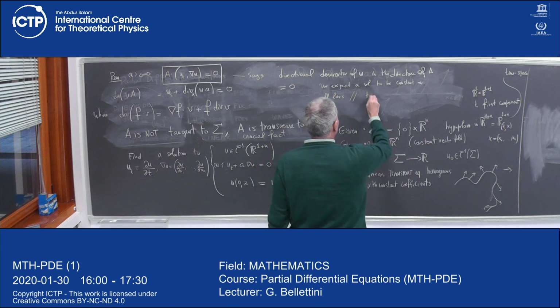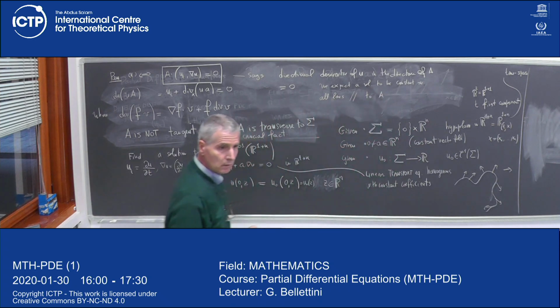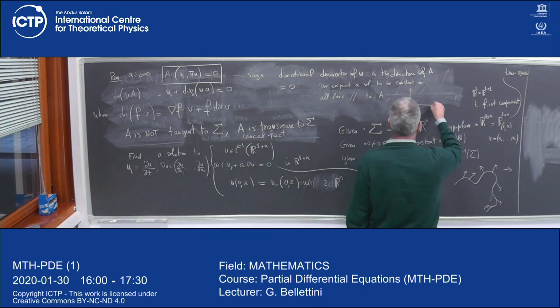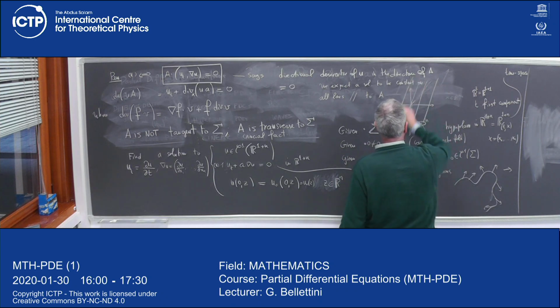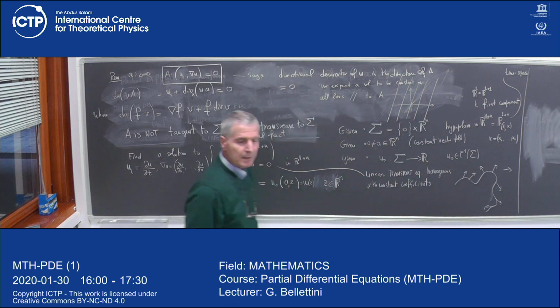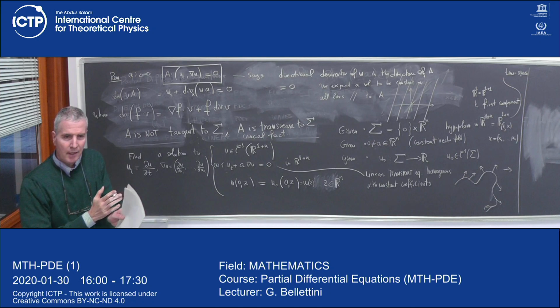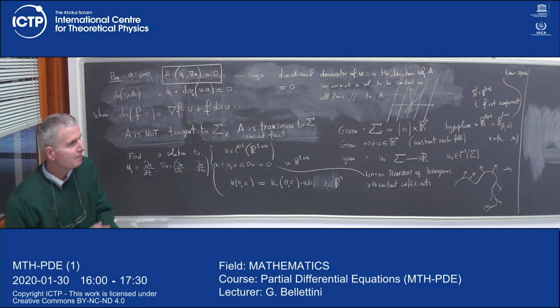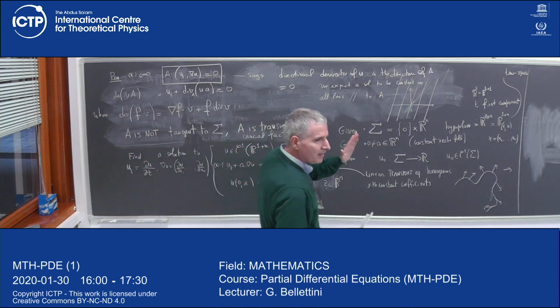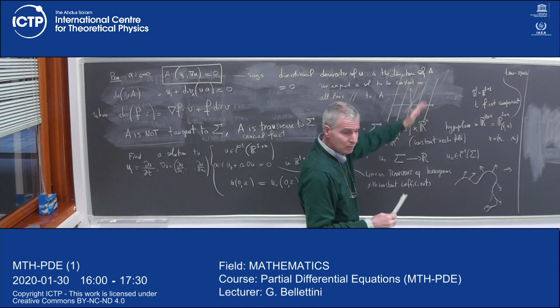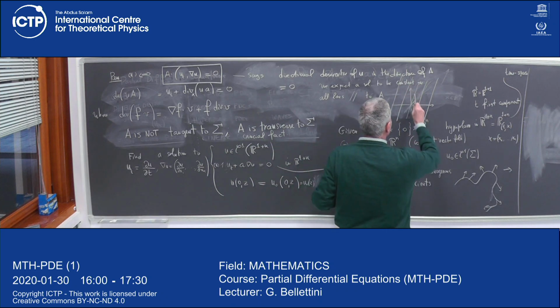parallel to A, right? So in our picture, fortunately capital A is constant, so the curves that have capital A as a tangent are just lines parallel to capital A. So capital A is, say, this point here, A1.